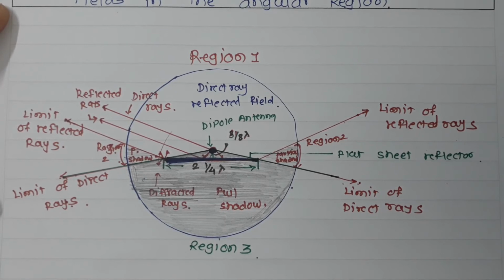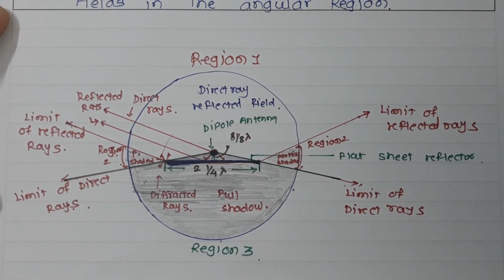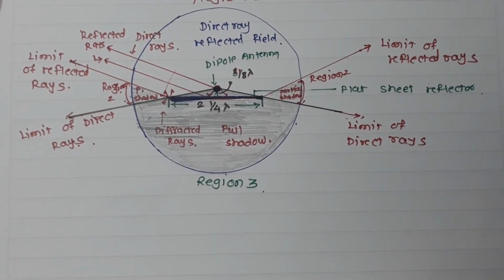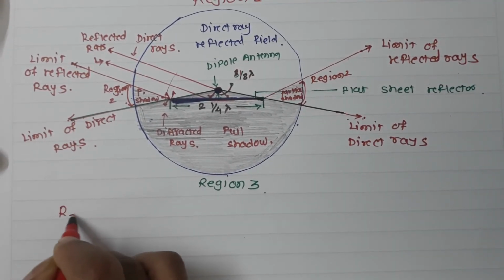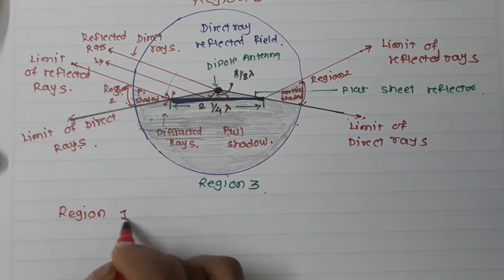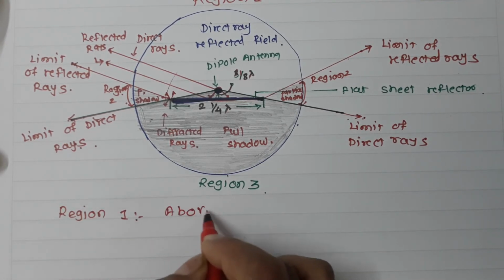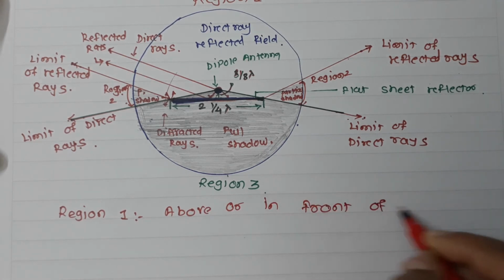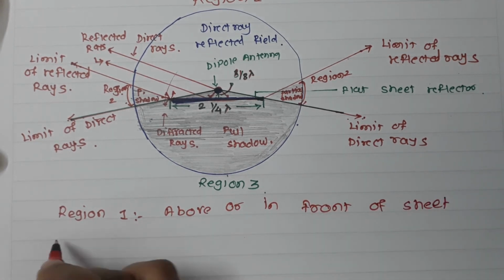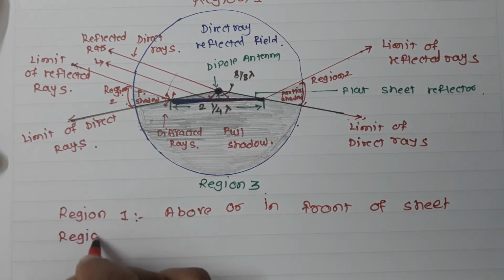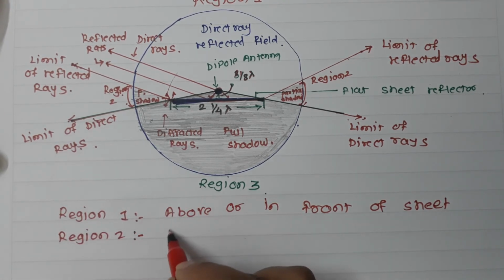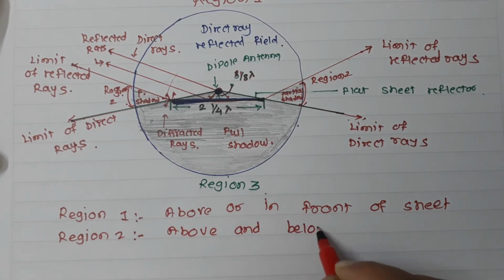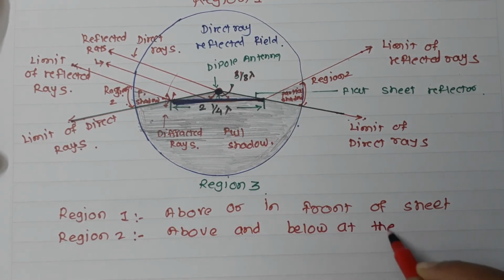So things will be categorized into three regions. The first region is region 1, which is above or in front of the sheet. Region 2 is above and below, at the sides of the sheet.